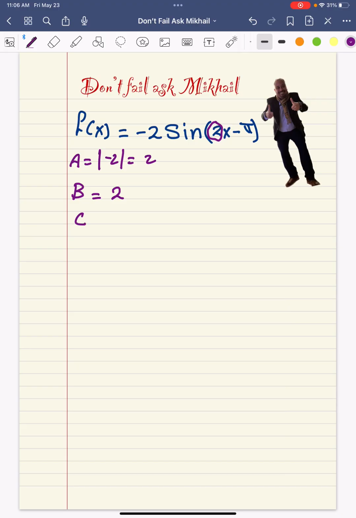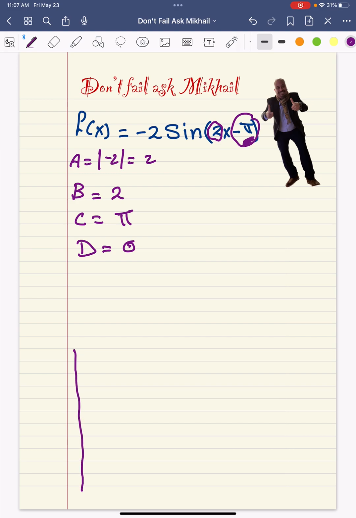And c, in this case, is always the opposite sign. You remember h and k in quadratics? It's always the opposite sign, which is pi. And D, it doesn't go up or down, so d is 0. Right?